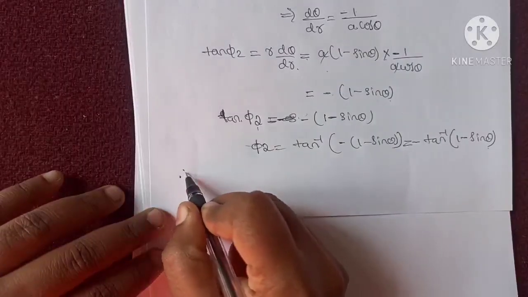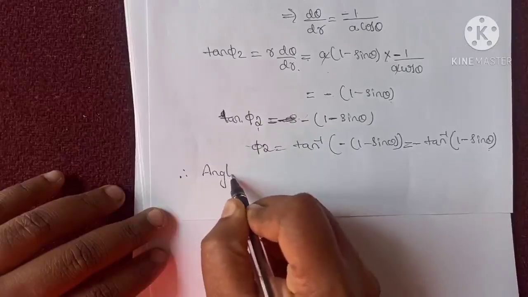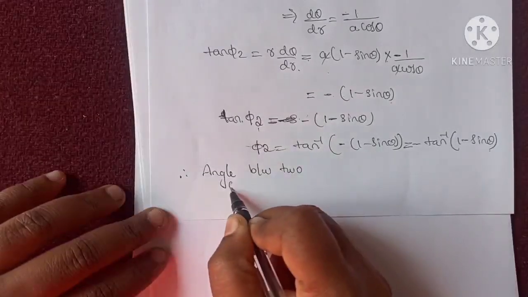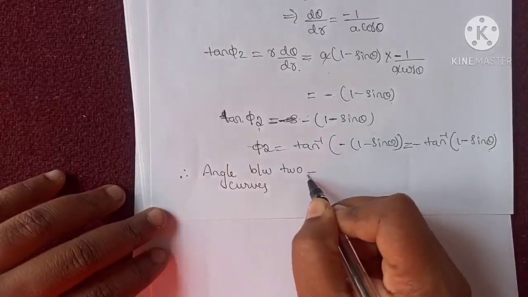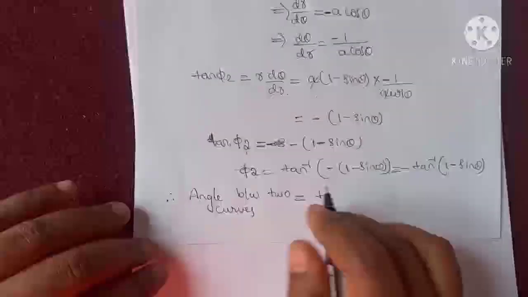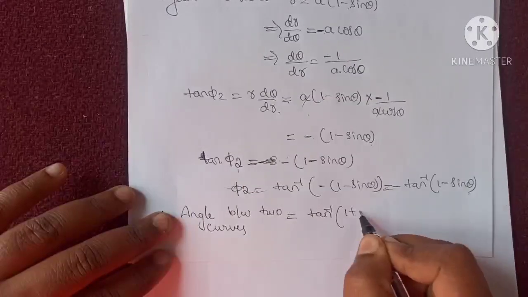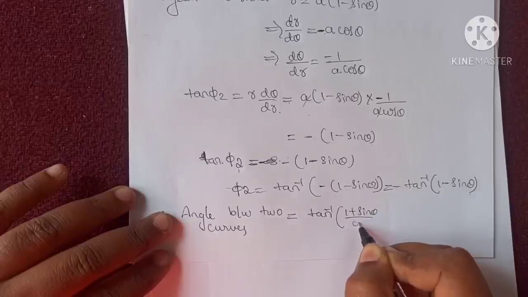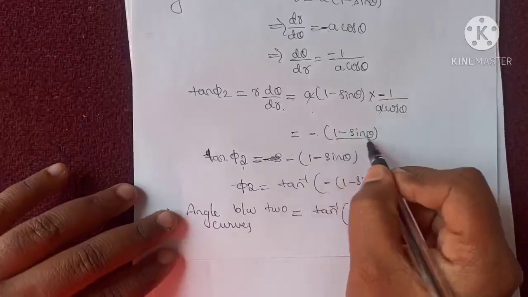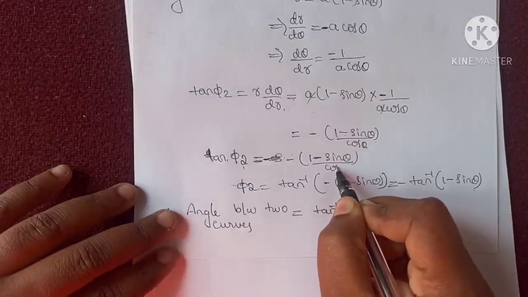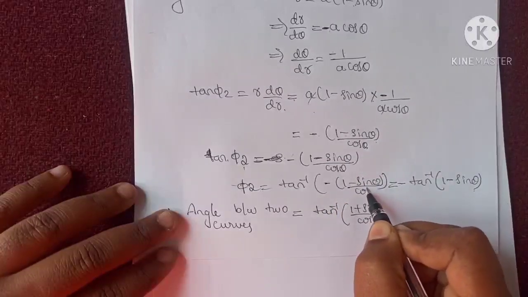Therefore the angle between two curves equals tan inverse of phi 1 value, which is tan inverse of 1 plus sin theta by cos theta. Sorry, here we have 1 minus cos theta divided by cos theta, and even here also divided by cos theta.